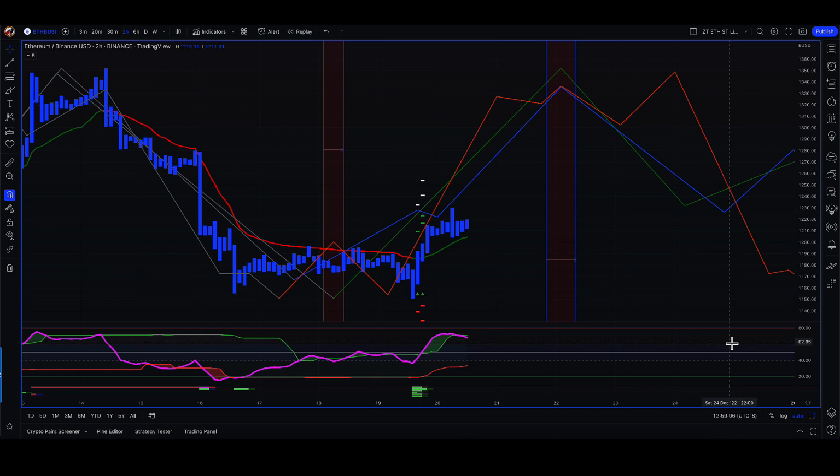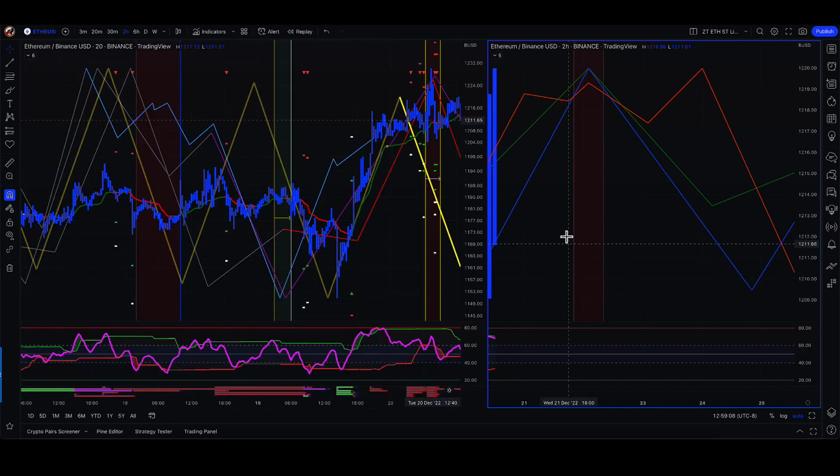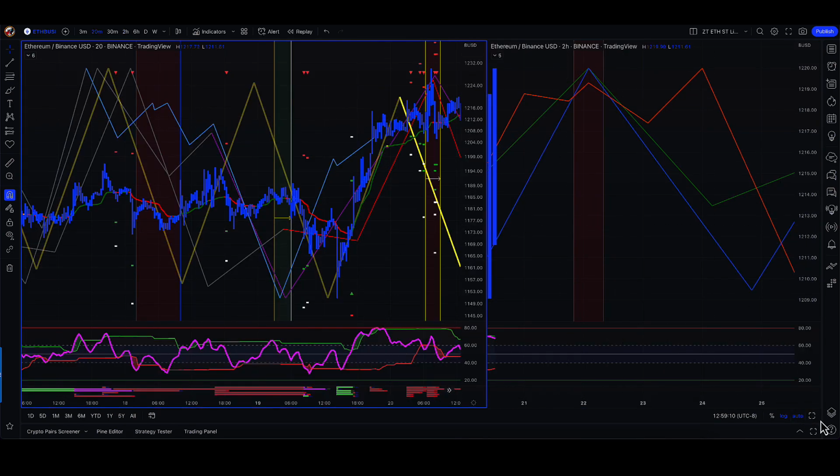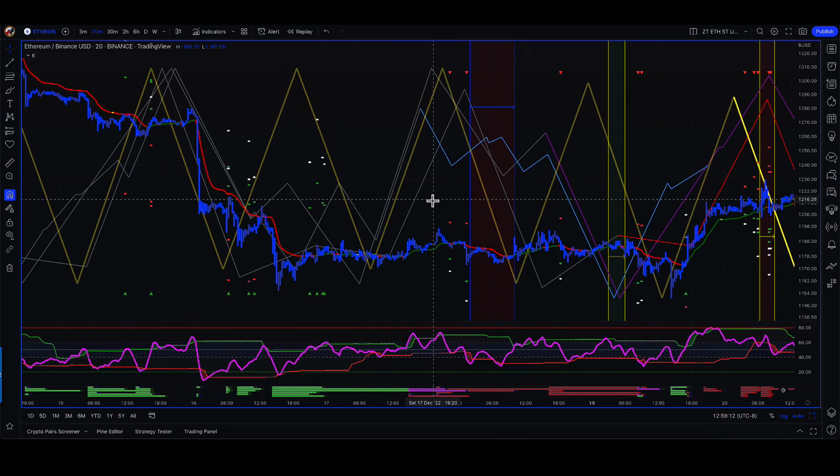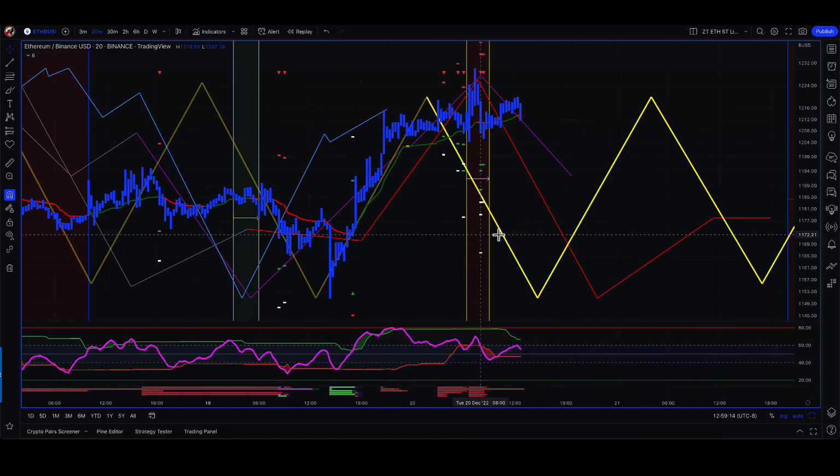There's one difference between the 2-hour chart and the 20-minute chart. The 20-minute chart will have this thicker yellow line. At the end of each day, I will add in a 20-minute cycle chart.